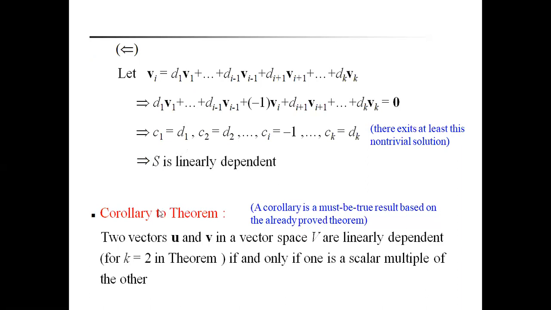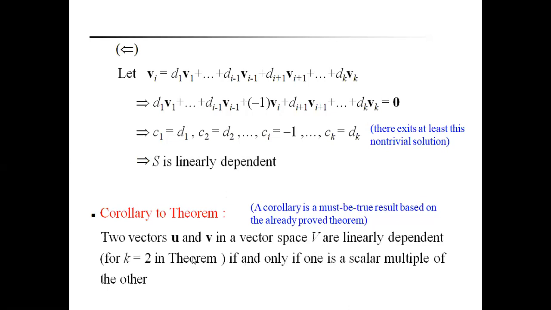Coming to the corollary of this theorem: two vectors u and v in a vector space V are linearly dependent, that means the vector space contains only two vectors u and v, if and only if one is a scalar multiple of the other.